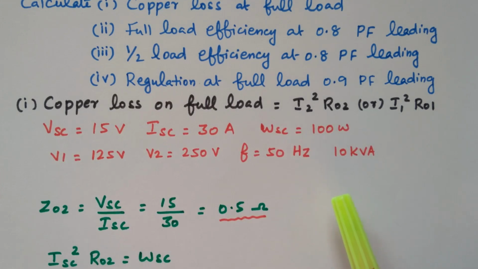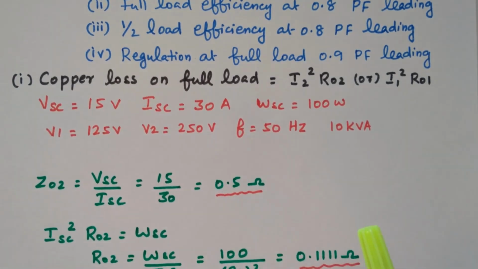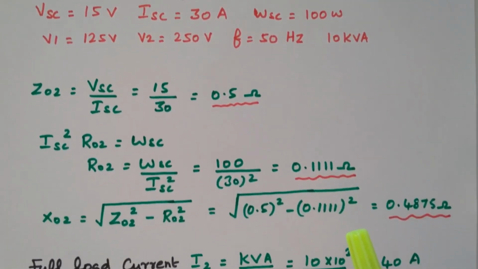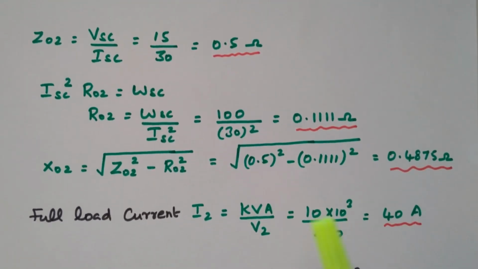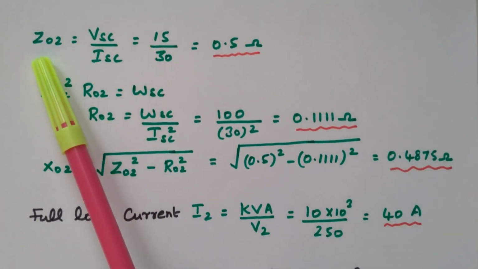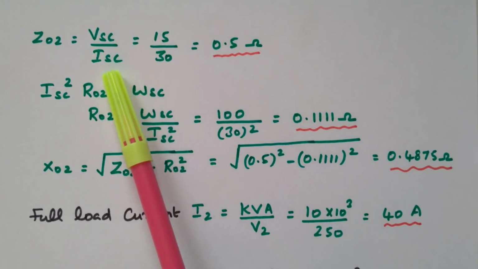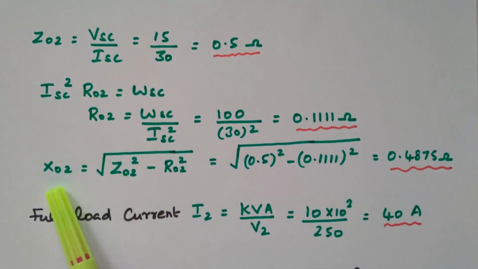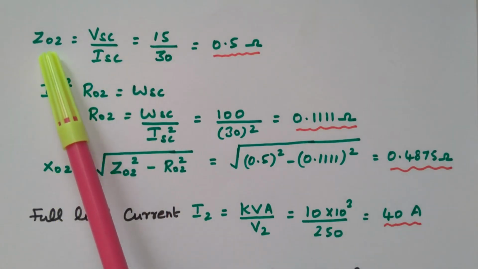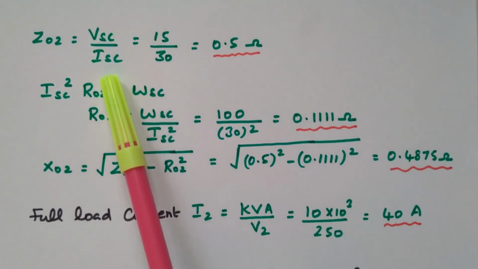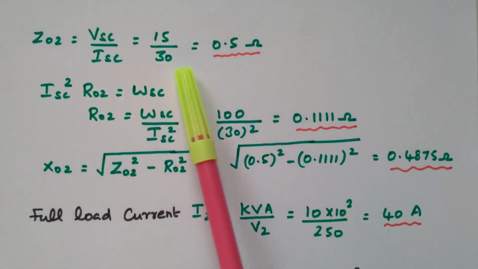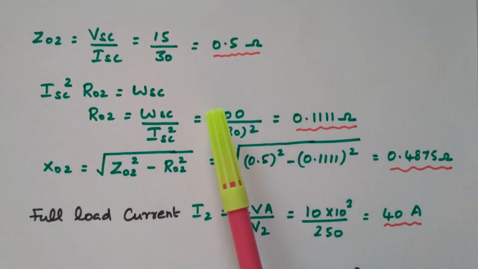Similarly, the open circuit test data is also available. From that we can find Z02, the impedance on the secondary side, equal to Vsc by Isc. Finally, what we need is X02, so first we find Z02, Vsc divided by Isc, that is 15 divided by 30, 0.5 ohm.